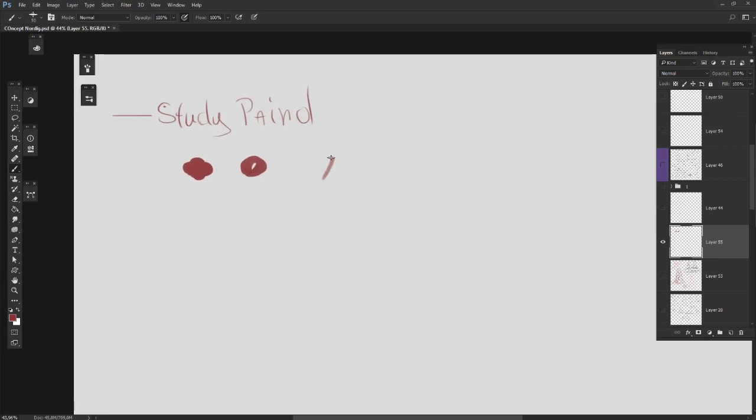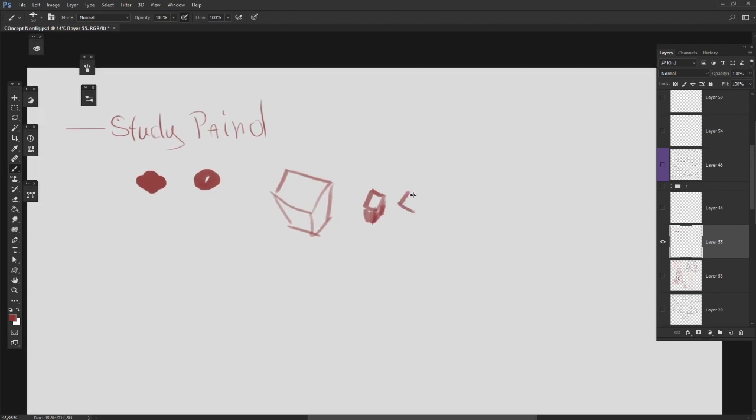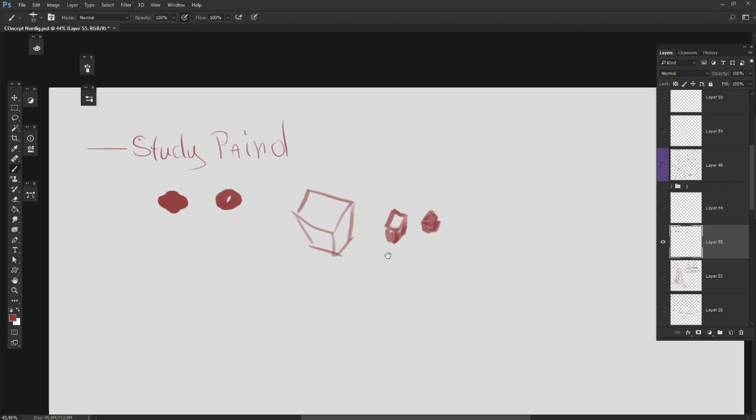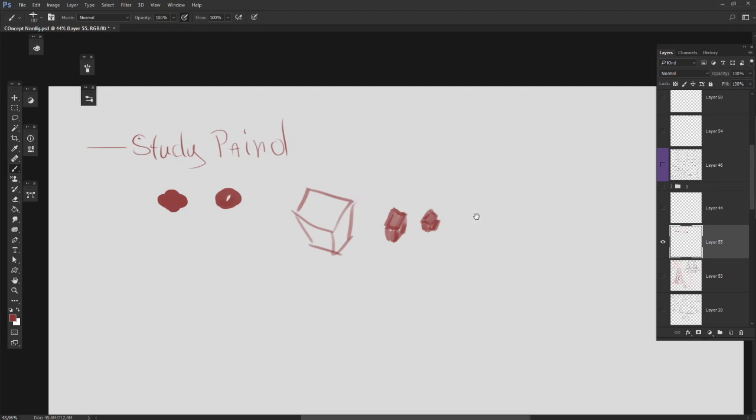Imagine this, if we draw an object like this, this is a cube, everyone understands it, but then it gets smaller. And we don't need to zoom in to actually explain those parts. And this is how we usually paint those things. We just take a bigger brush to draw.